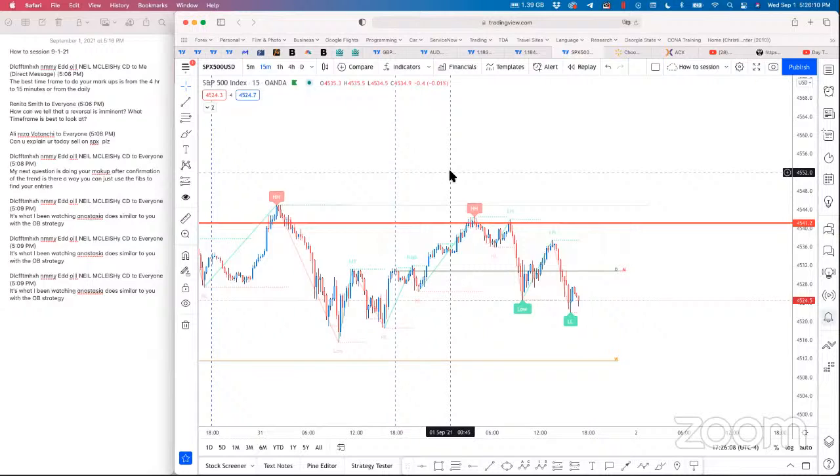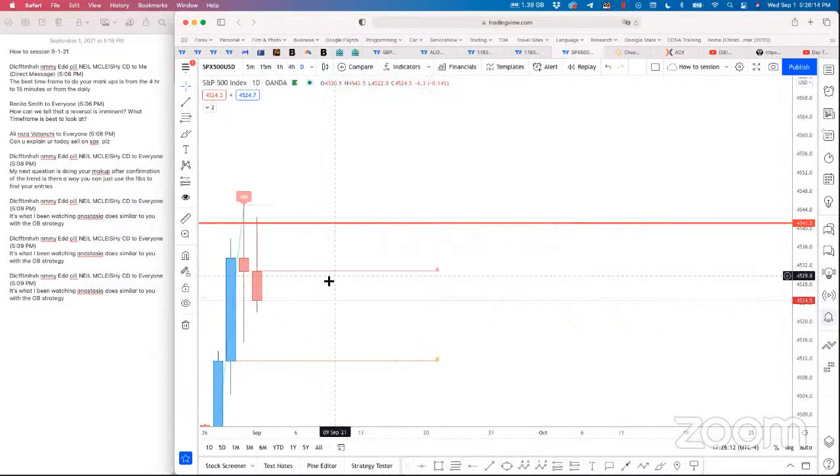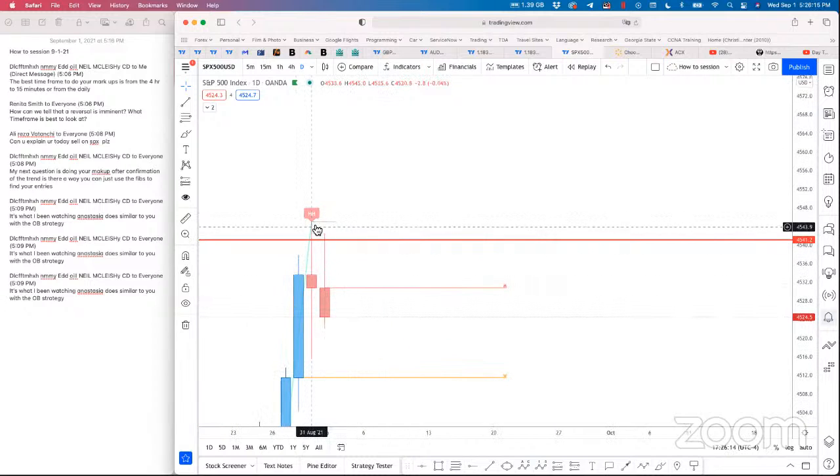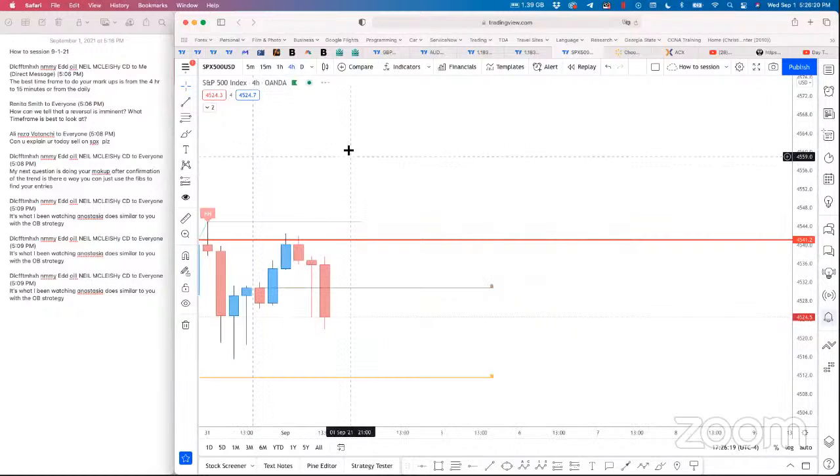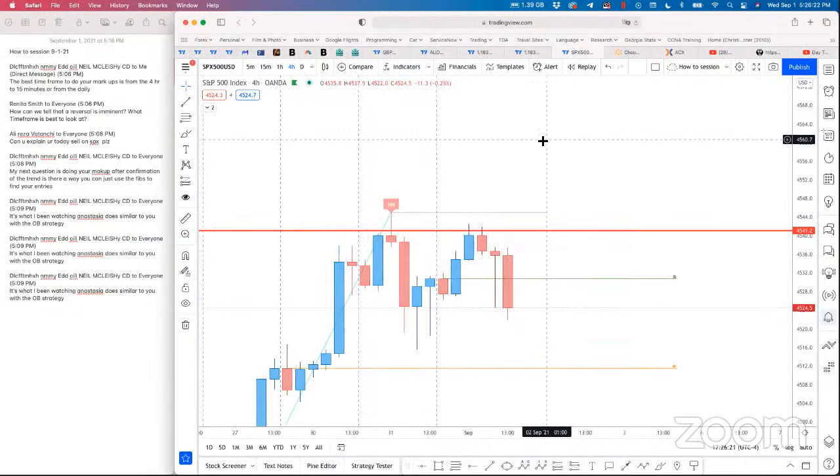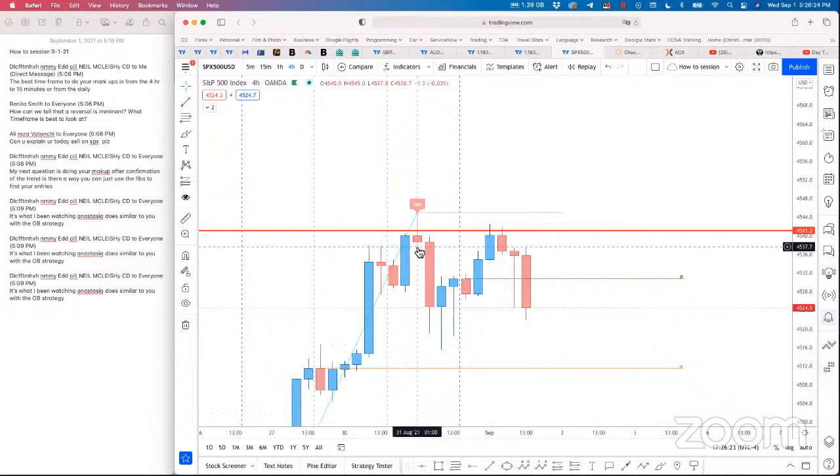So after we get this understanding, let's go back to the daily. After we understand that we're near a high and already rejecting, on the 4 hour you need to pay attention to these three candles: the 1, the 5, and the 9. Those are your most important candles out of the trading day.